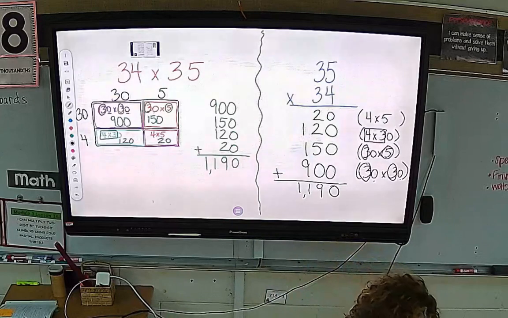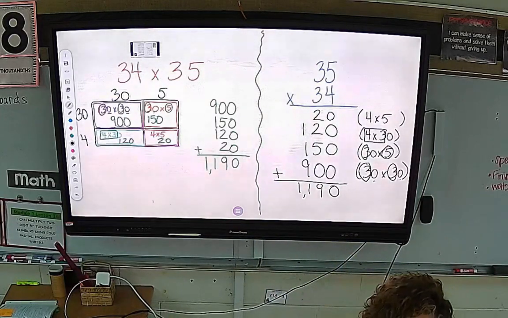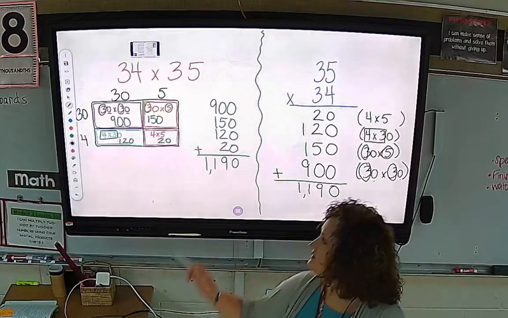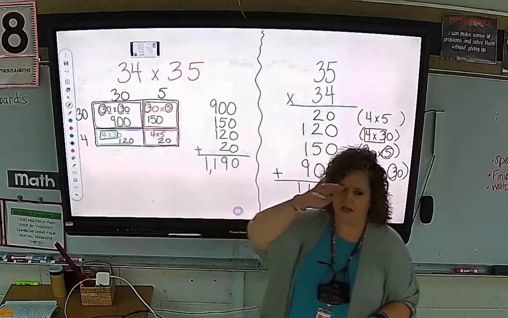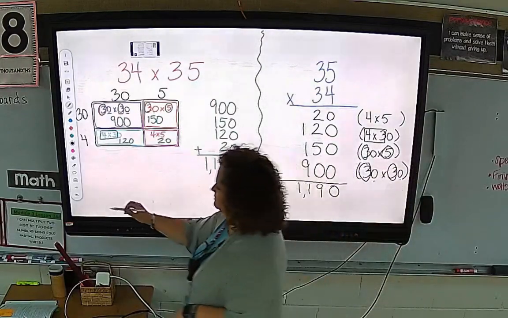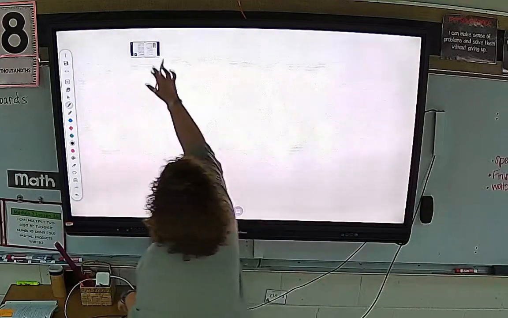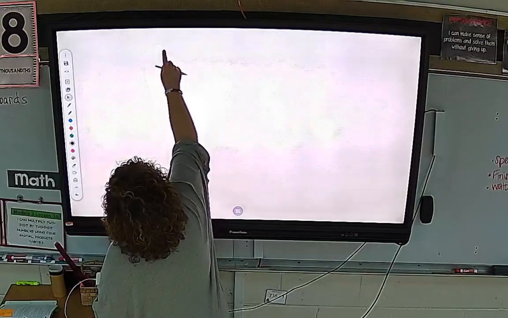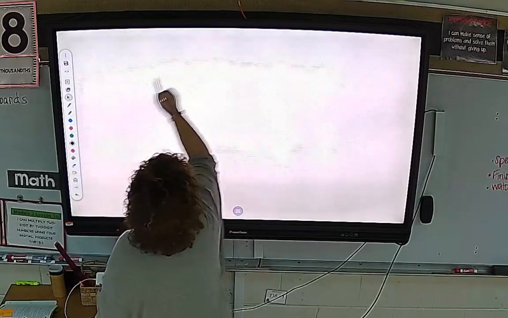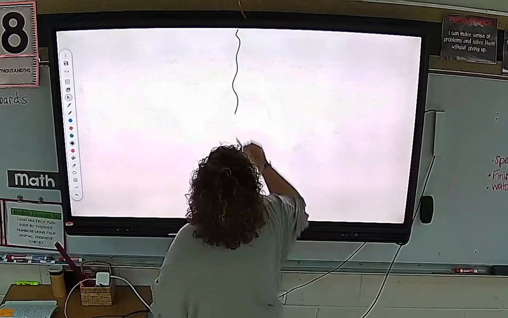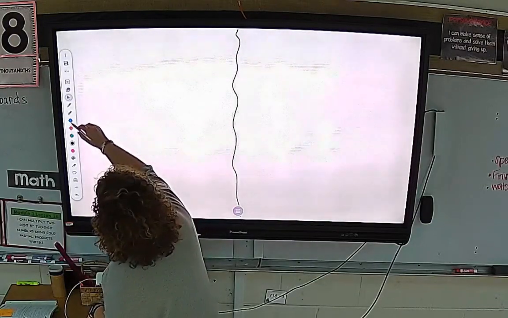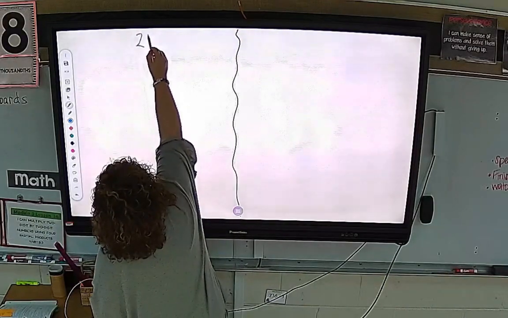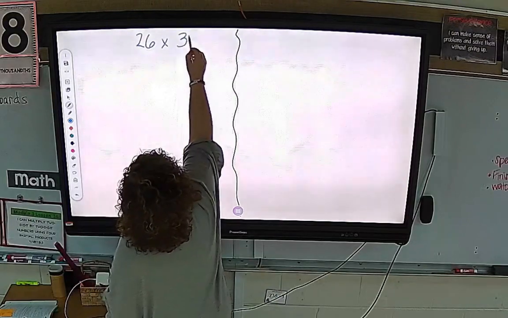Okay, we're going to walk through this step by step together. What I would like for you to do is to cut your board in half so that you have a side for area model and a side for partial product. All right, so on this side, we're going to start with the area model, and we're going to have 26 times 34.